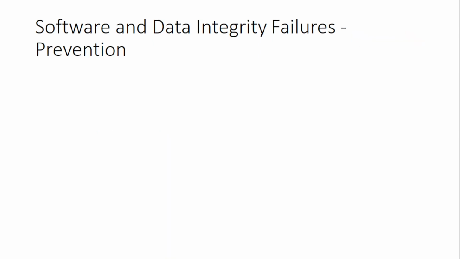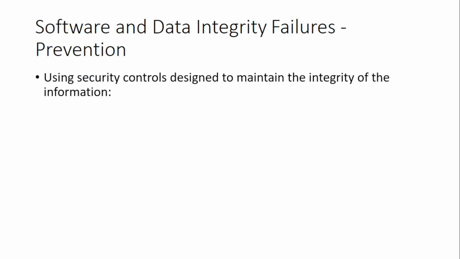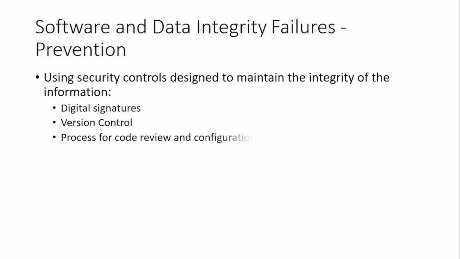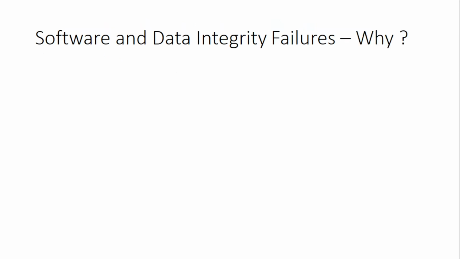So to prevent software and data integrity failures, we can use security controls designed to maintain the integrity of the information, like digital signatures, version control, processes for code review and configuration changes, user access controls, and so on and so forth. Now, why do we end up with these types of failures?